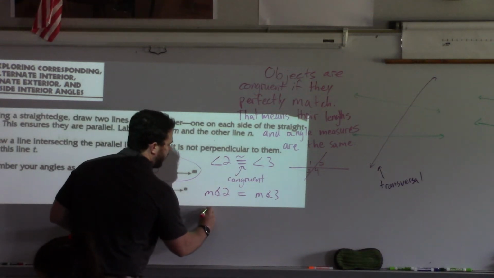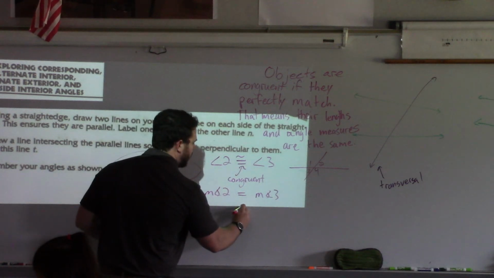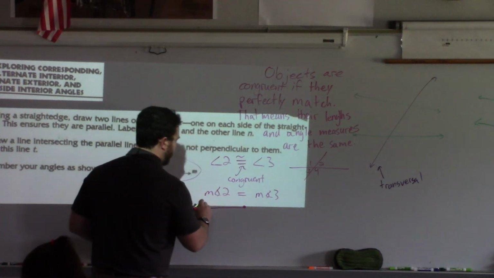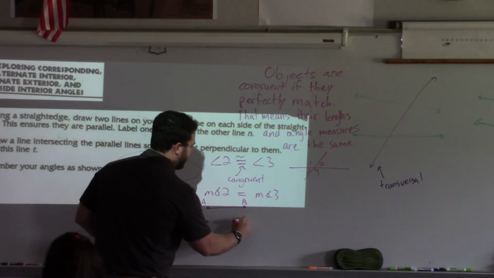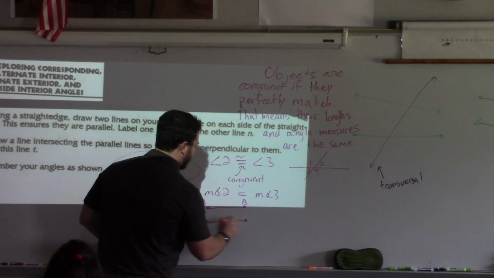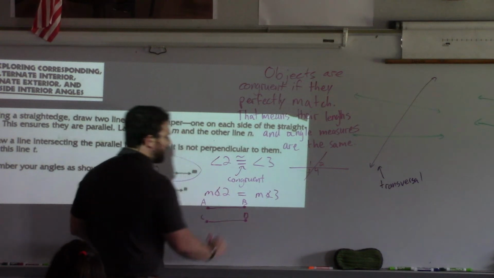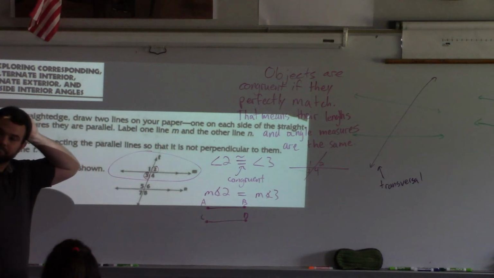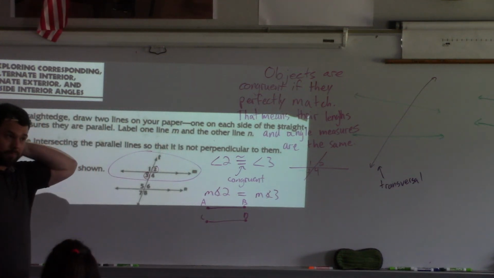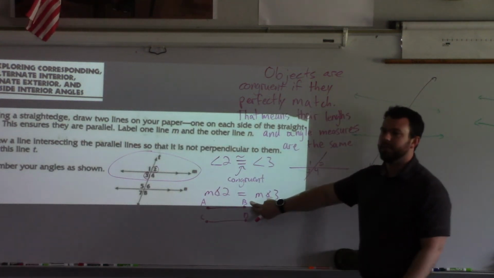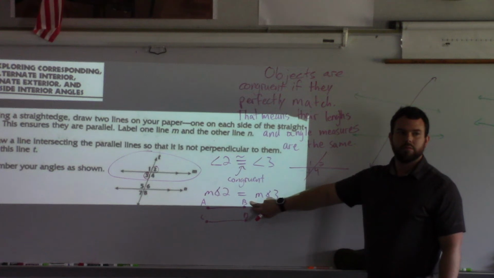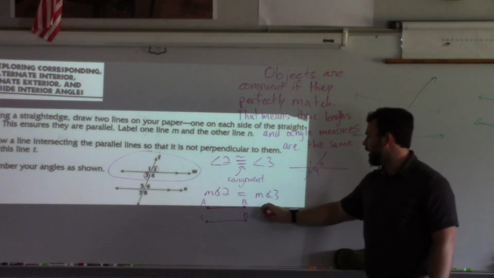There's one more thing I need to establish with that. Let's say that I have line segment AB, and then we have line segment CD. You see how AB and CD look the same? So we would say they are congruent. So how am I going to indicate that I have line segment AB? AB with a line over it.